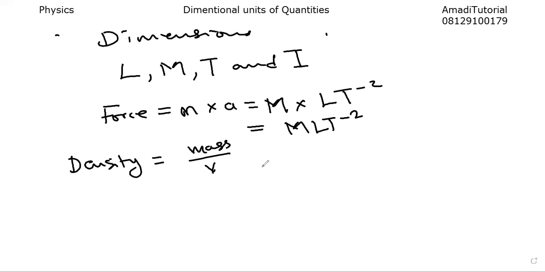Mass itself in fundamental form is M. Volume in a fundamental form is length times length times length, that's L raised to power of 3. So this would be mass times L raised to power minus 3. So this is the dimensional unit for density.